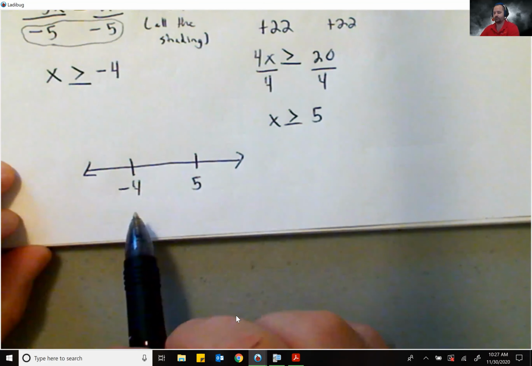This answer will start with x, and then you will either put in greater than or equal to, less than or equal to, greater than, or less than, because of the way it's shaded. Which one of those symbols is it going to be?